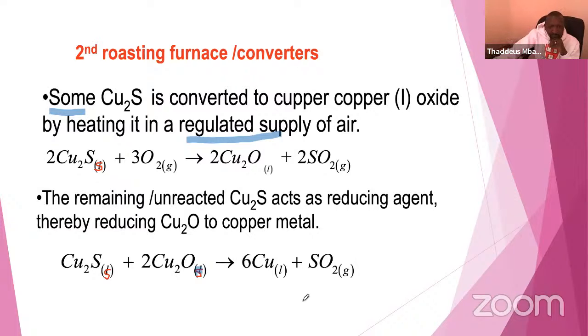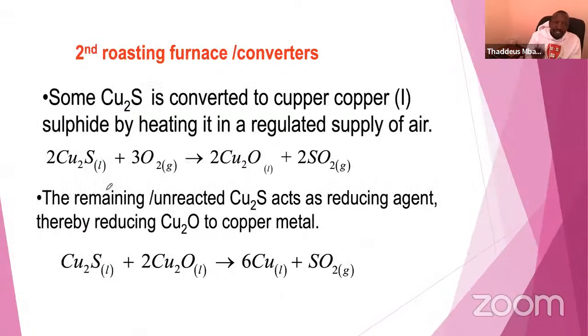Now, what we get from this is that, first of all, in the first equation, some of the copper 1 sulfide, meaning not all of it, will react with oxygen to form copper 1 oxide and sulfur oxide.